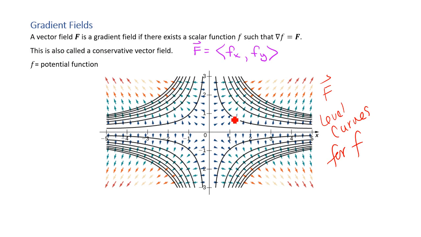And so my gradient vector, we learned earlier, is always orthogonal or perpendicular to these level curves, and that's exactly what we're seeing here. These gradient vectors are perpendicular to my level curves, and so we're looking at our gradient vector field. Again, we're going to talk more about this idea later on.